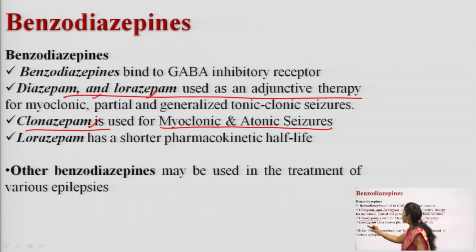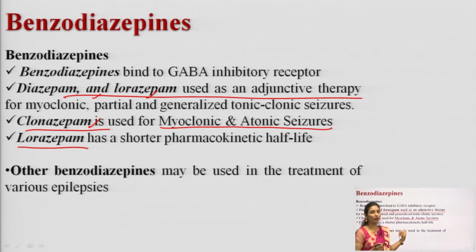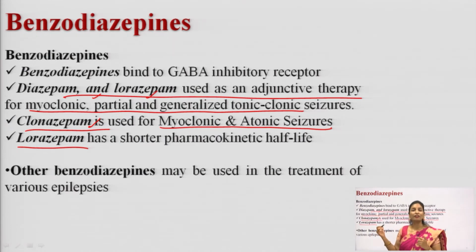Okay. And next one is lorazepam. Lorazepam is a drug which has a very short pharmacokinetic half-life, so it can be eliminated very fast from the body, right. Diazepam and lorazepam are used in myoclonic, partial and generalized tonic-clonic seizures. In this slide I had given the difference between which drug is used in which type of seizures.